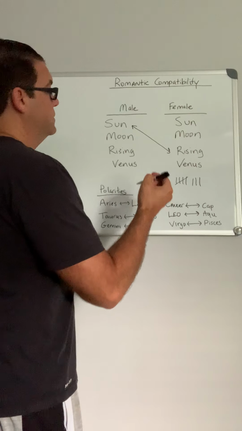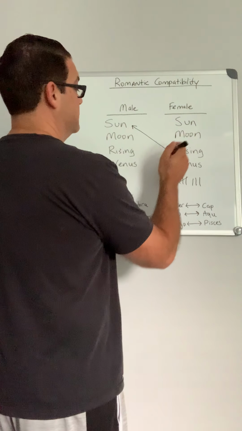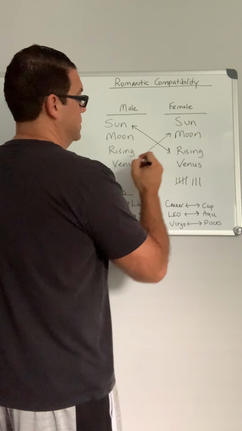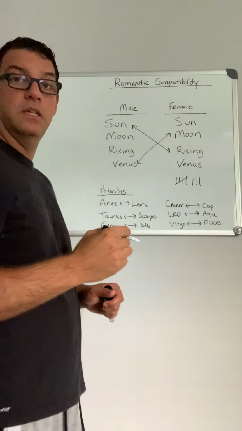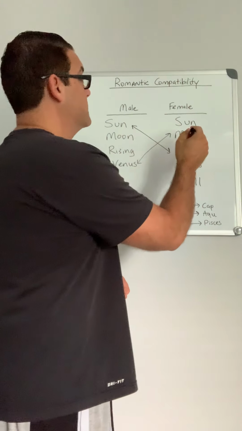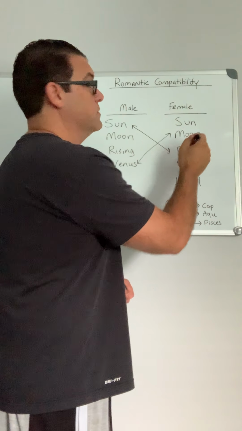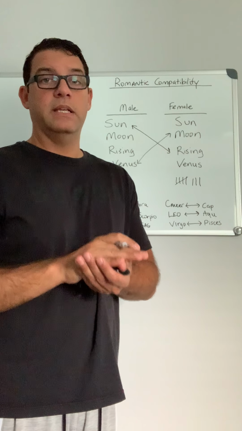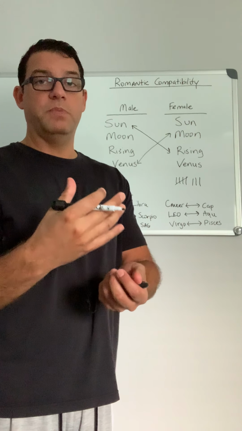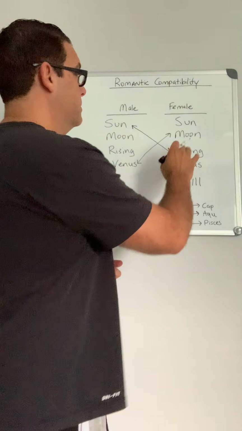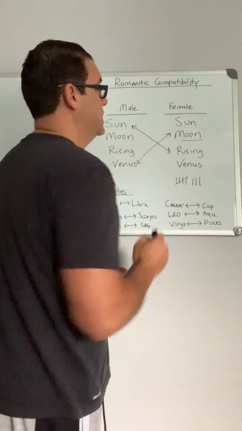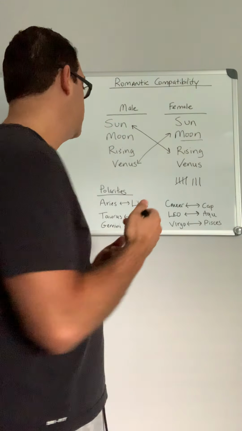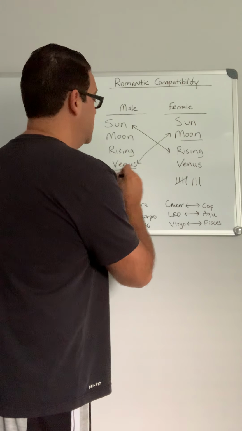And then also you can do the same thing as I'm showing here with your Venus and your moon. If someone's Venus is in the same sign as the opposite partner's moon, there is going to be a really strong magnetic pull, because your moon is how you feel, how your emotions feel, and then your Venus is how you love.